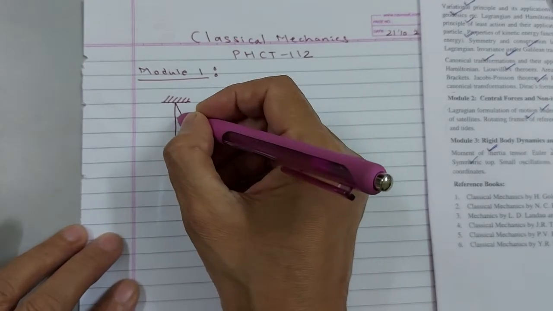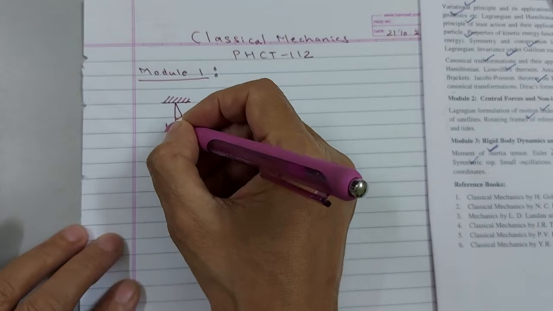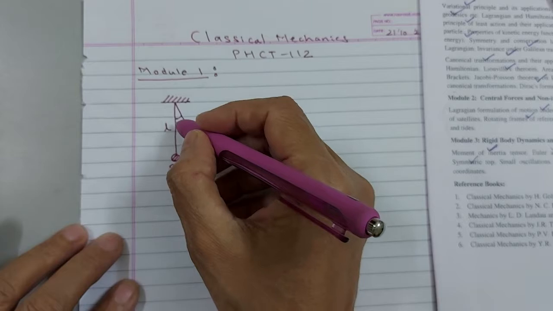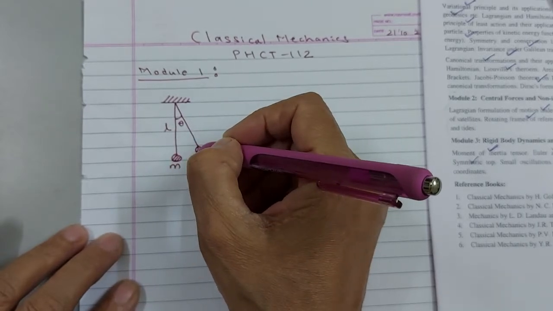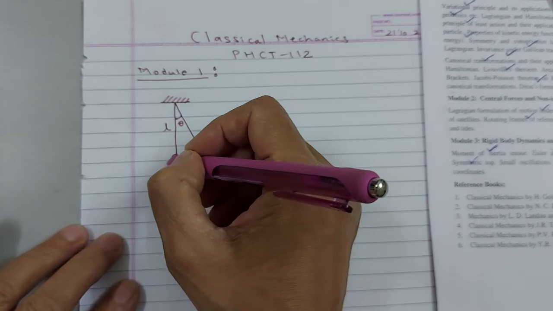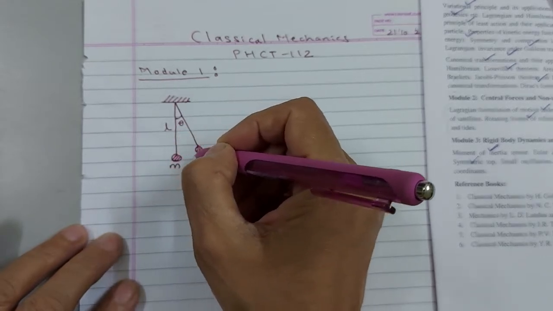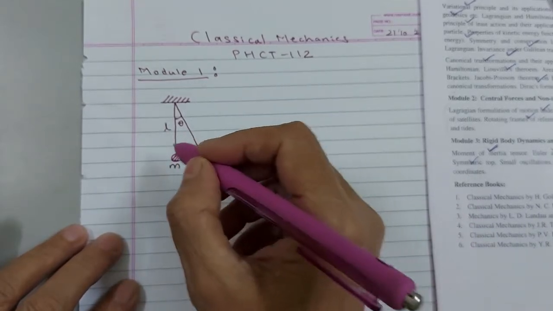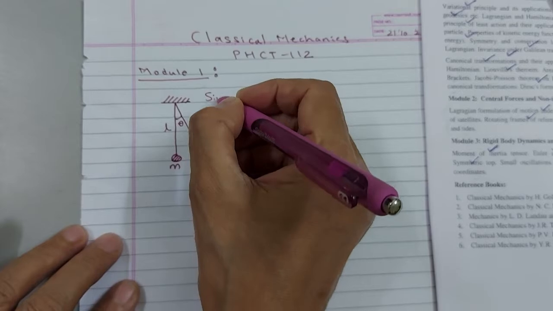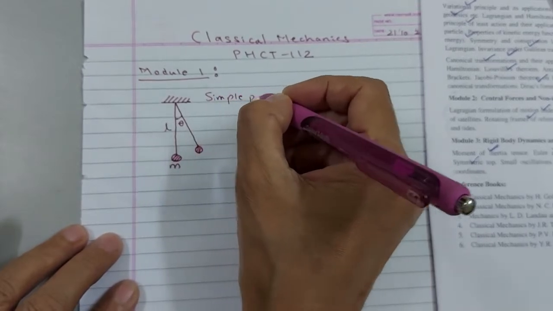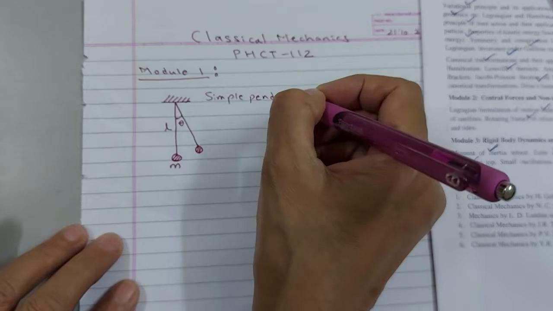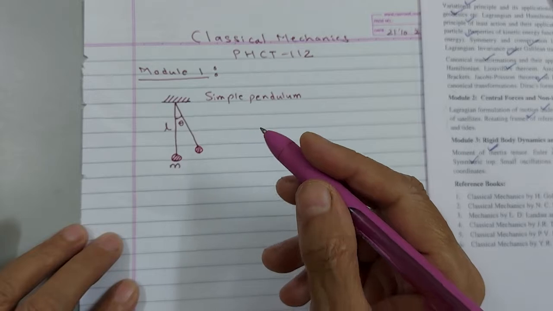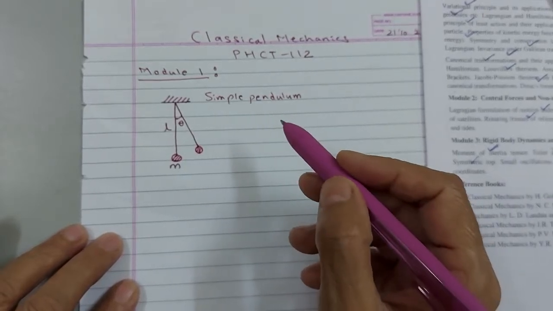This is my angle theta, this is the length L of the pendulum. Until you take it over here and release, it will not move. Then it will cross this, come to this side, and again come over here, and this is the way we will be able to measure the oscillations of this simple pendulum. This you know very well. So this is one example of observing physical objects in motion.